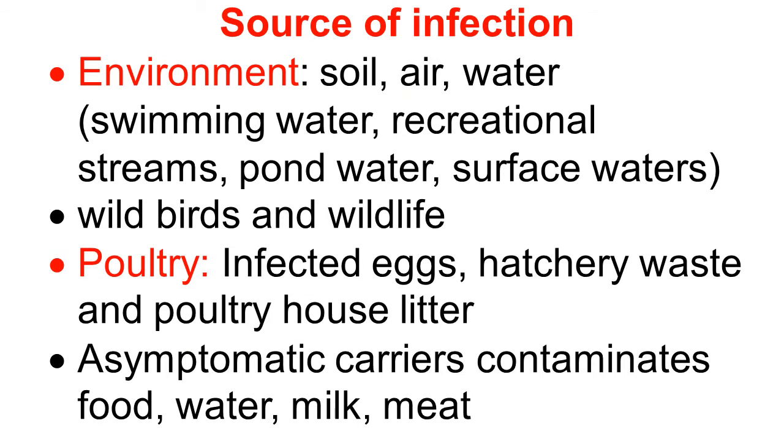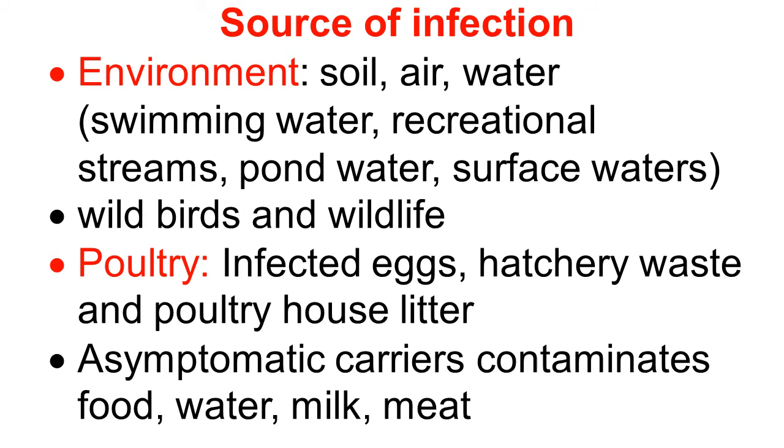Sources of infection of campylobacteriosis: environment, that is soil, air and water. In water, swimming water, recreational streams, pond water, surface water and other types of water may act as a source of infection. Wild birds and wildlife also act as a source of infection.